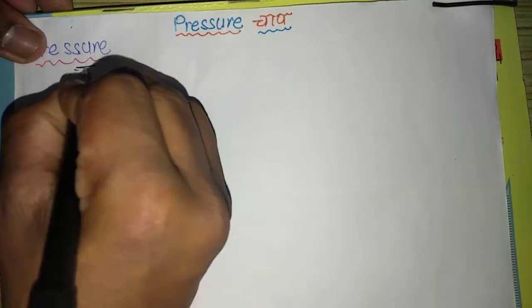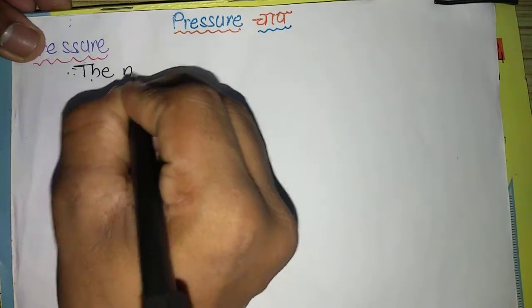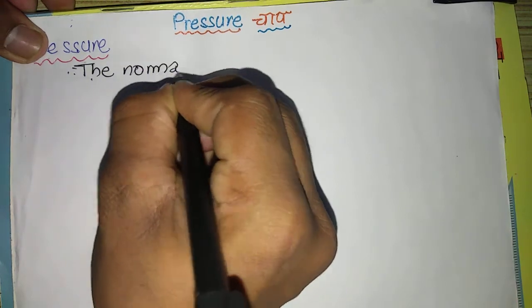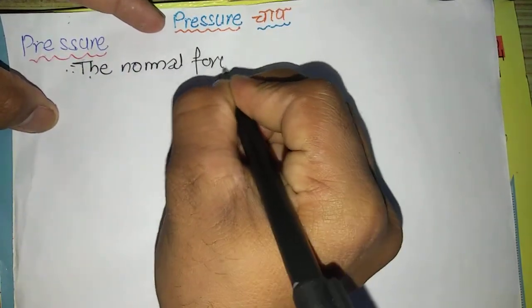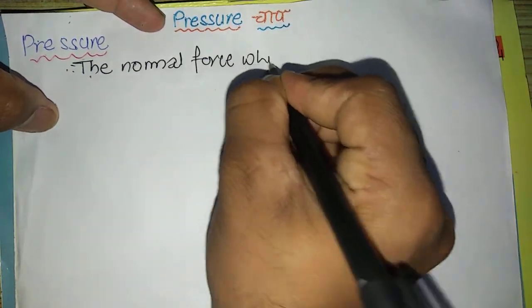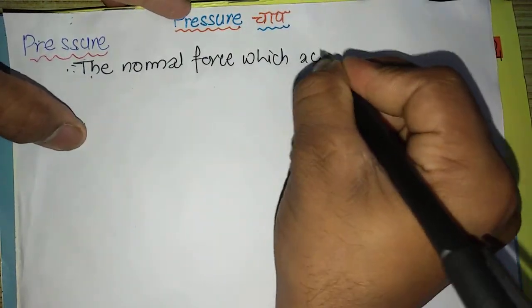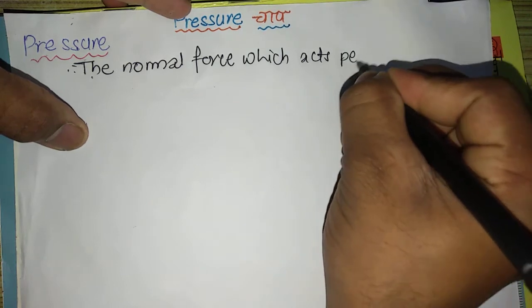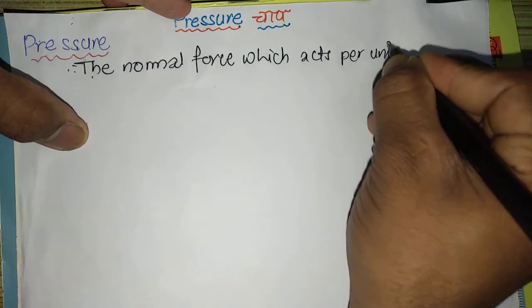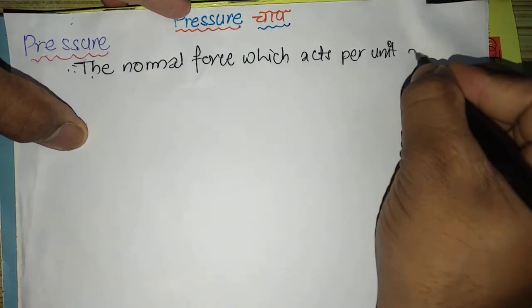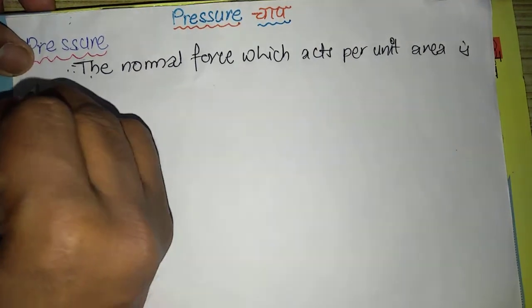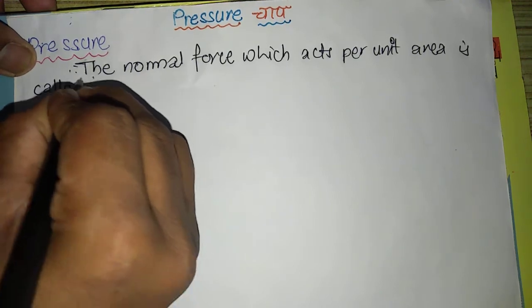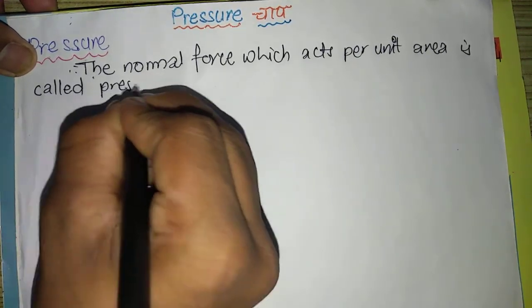So the normal force which acts per unit area is called pressure.